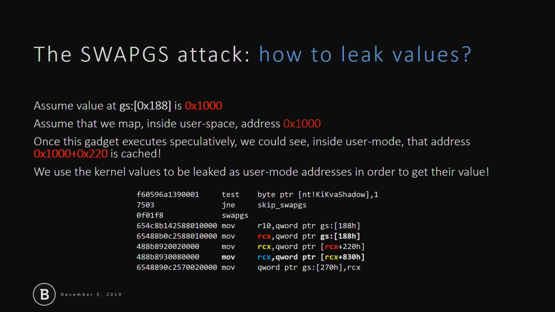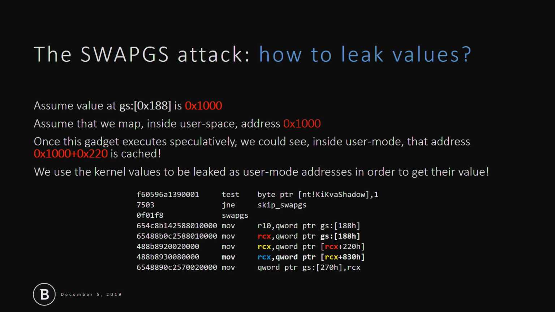And we thought about it, and we thought, okay, so let's say that inside the GS segment at offset 188, we have value 1000. And let us assume that we map address 1000 inside user space, right? We trigger the gadget to be executed speculatively, and once it executes speculatively, address 1000 plus 220 gets cached, right?